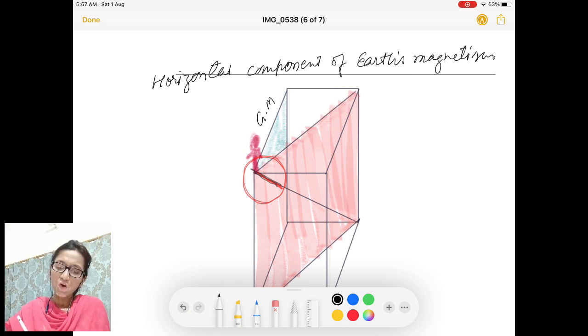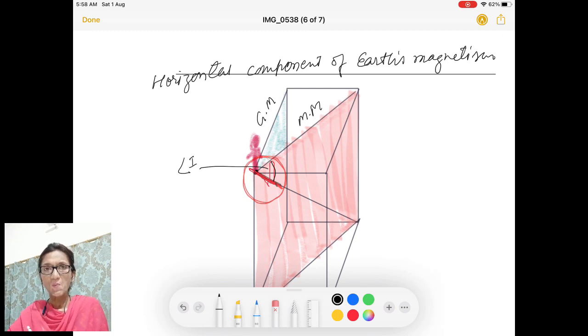So if this is your geographical meridian and this is your magnetic meridian of this very point, and if you take a compass needle and place it at this very point, you will find that the compass needle is resting in the magnetic meridian only, making a certain angle with the horizontal direction. This angle is called the angle of inclination. This is your angle I or dip angle.